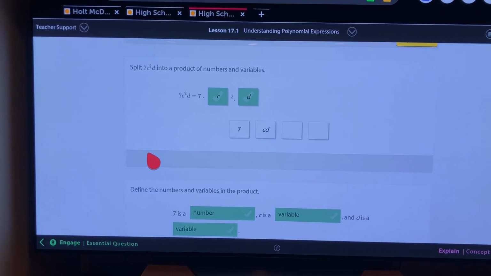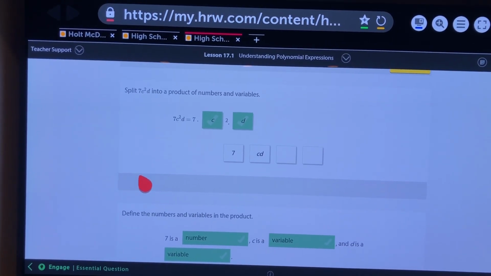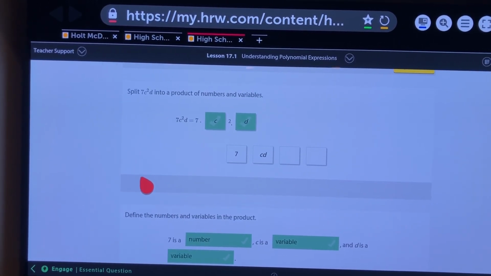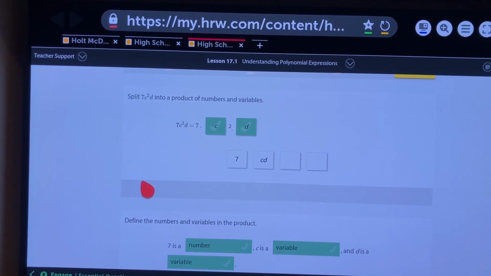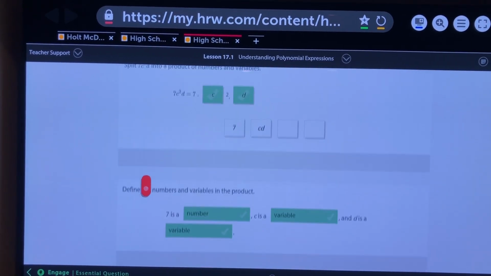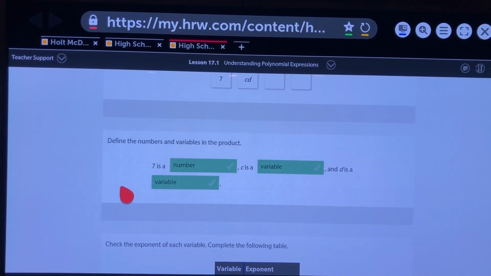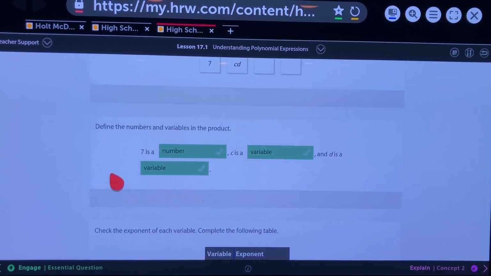If we were going to split this into its numbers and its variables, 7 times c to the 2nd times d, that would qualify. You can see that 7 is a number, c is a variable, and d is a variable.